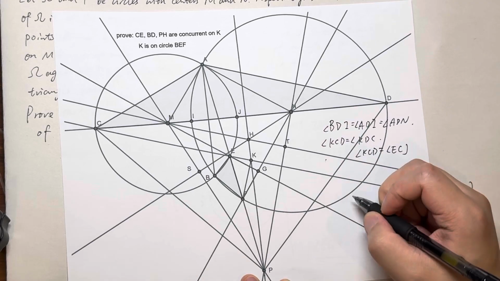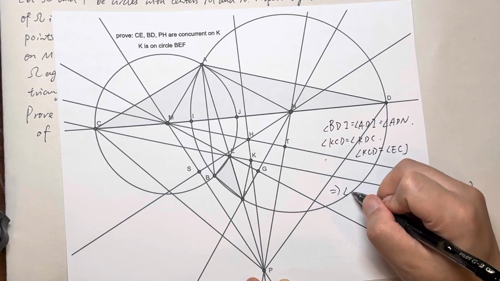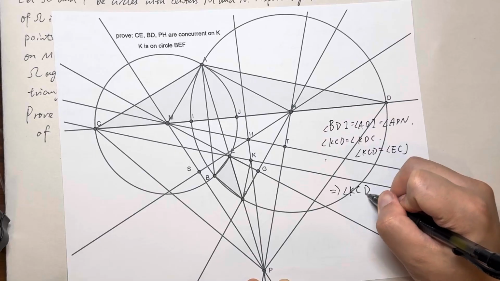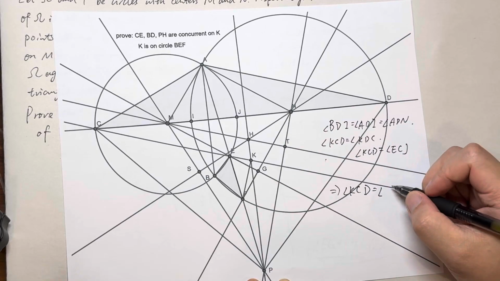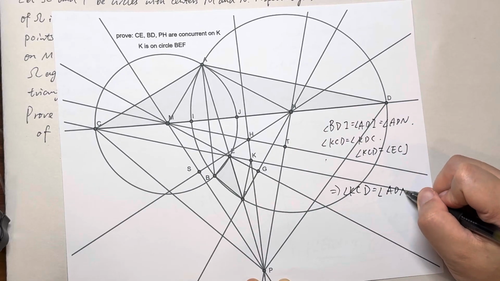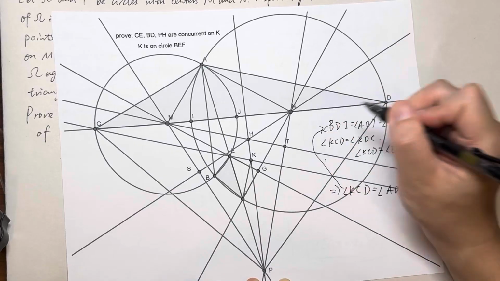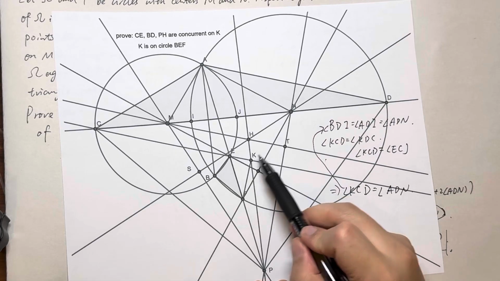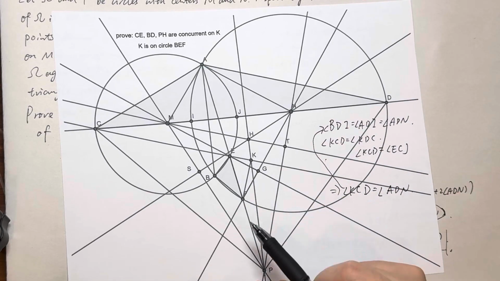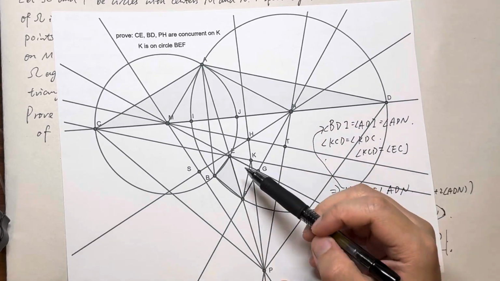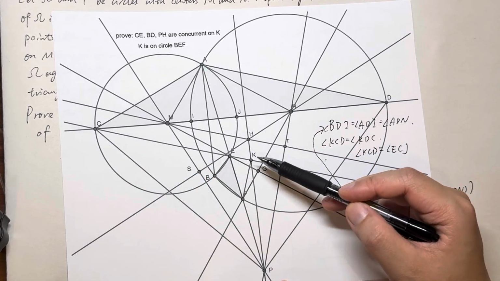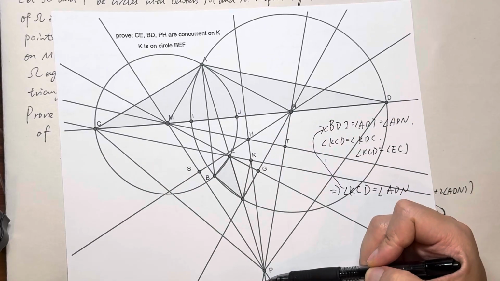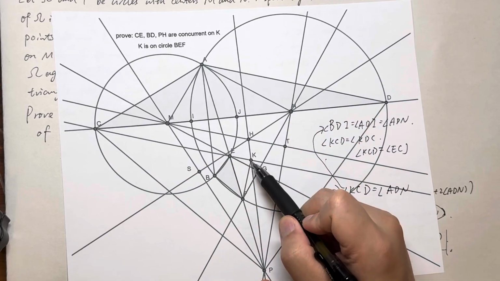So we know that angle KCD equals angle ADN, which equals angle BDI. Right, so KDC equals BDC. That means B, K, D are collinear, which means BD, CE, and PH are concurrent at this point K.